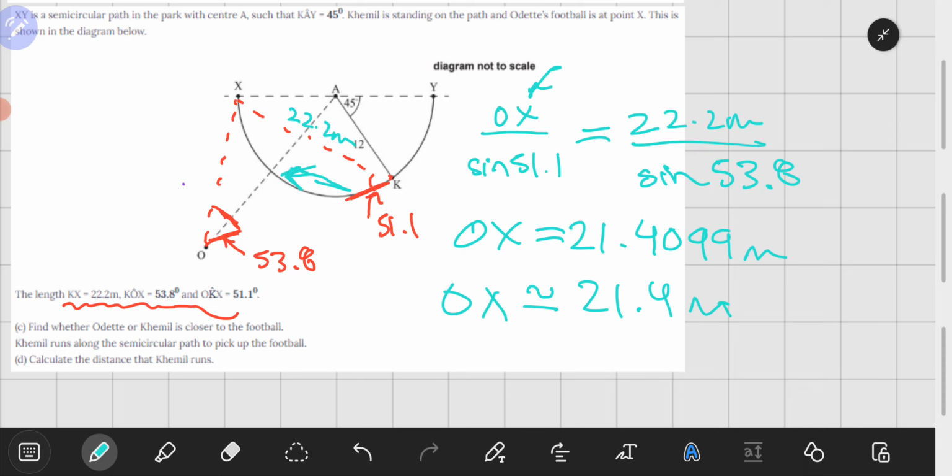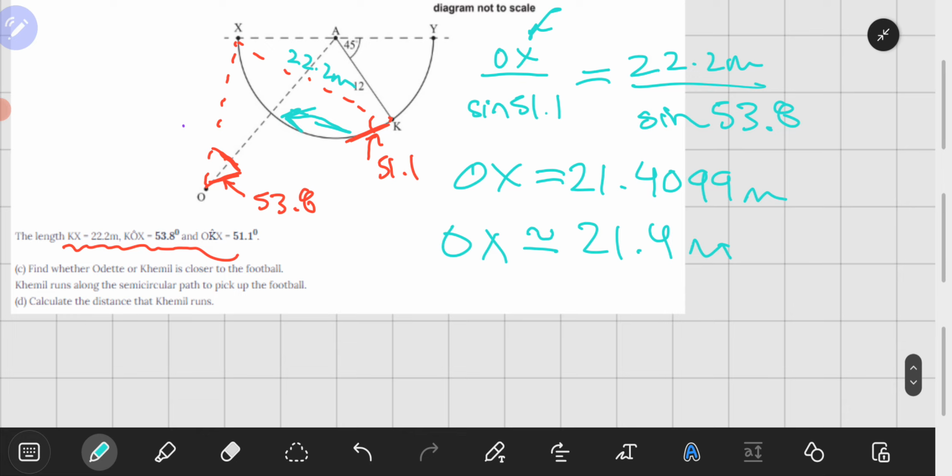We know that Kemal's distance from the ball is 22.2 meters, and so that means that Odette is in fact closer to the ball. That answers question C.